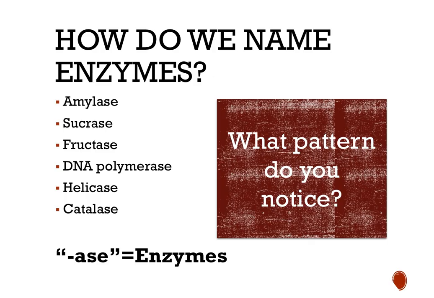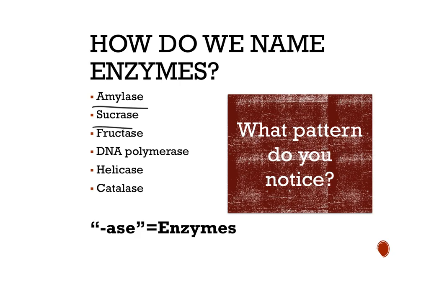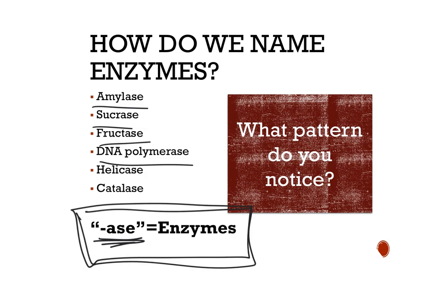All right, well, remember when we talked about carbohydrates that we could recognize any sugars with an ose. Well, we can do the same thing for enzymes. Helicase, amylase, sucrase, polymerase, these all have the suffix ase, and that always indicates that you're working with an enzyme.